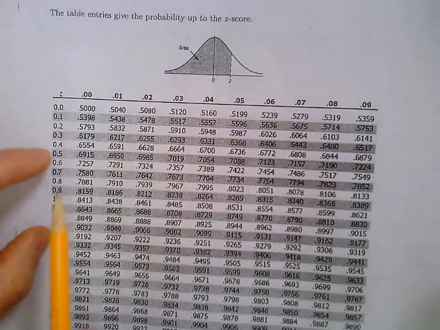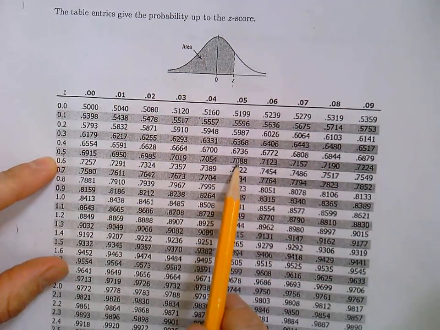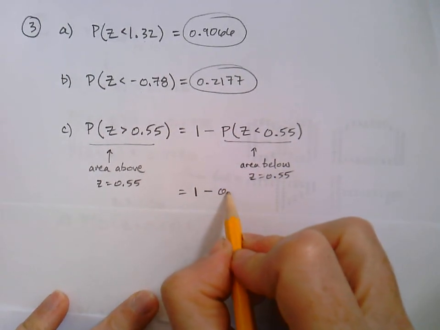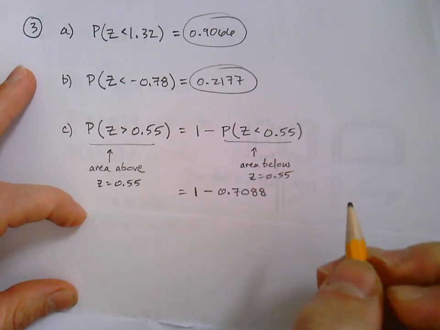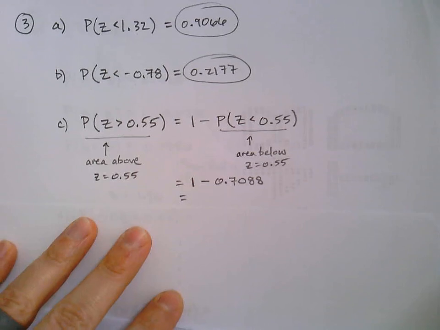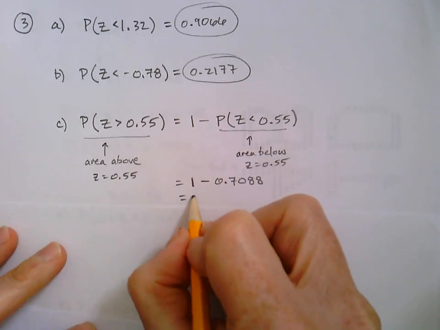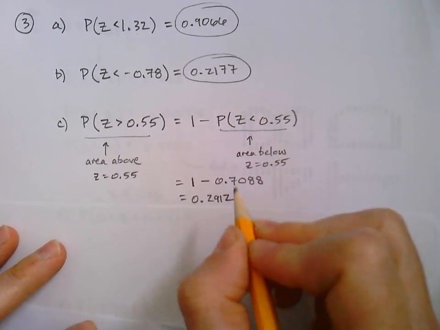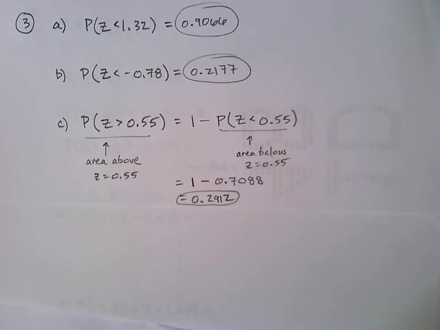Here's 0.5. 0.55 is right there: 0.7088. I didn't quite give myself enough room to answer this, but that's all right, let's squeeze it in. 1 minus 0.7088 is 0.2912. And there we have it.